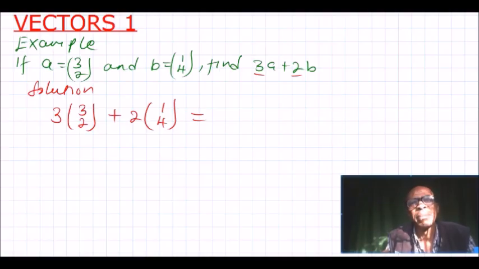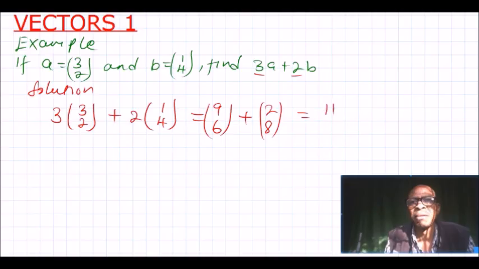So 3 times 3 is 9, 3 times 2 is 6, plus 2 times 1 is 2, 2 times 4 is 8. Then you add the corresponding elements: 9 plus 2 gives you 11, and 6 plus 8 gives you 14. So that is the sum of these two vectors.